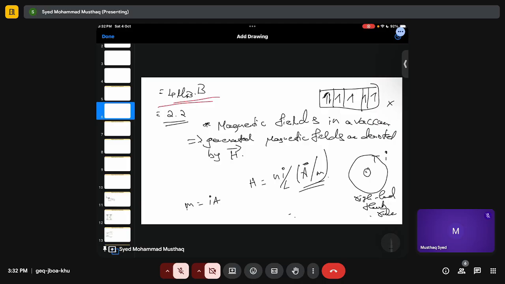Right. So yeah, then the units of m, it's just I, which is nothing but current, times area, so it is ampere per meter square.